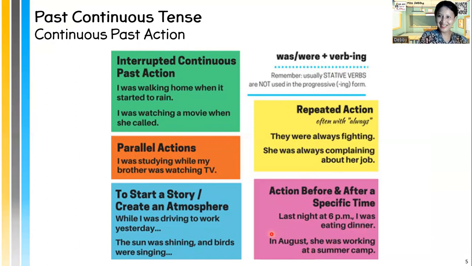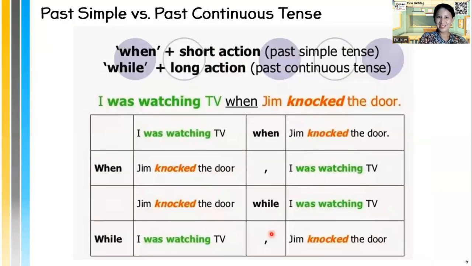Next, how to combine both, the past simple versus the past continuous tense. When usually goes with the short action, and we use the past simple tense. While goes with the long action, the past continuous tense. We can say: I was watching TV, this is the past continuous, when Jim knocked the door.